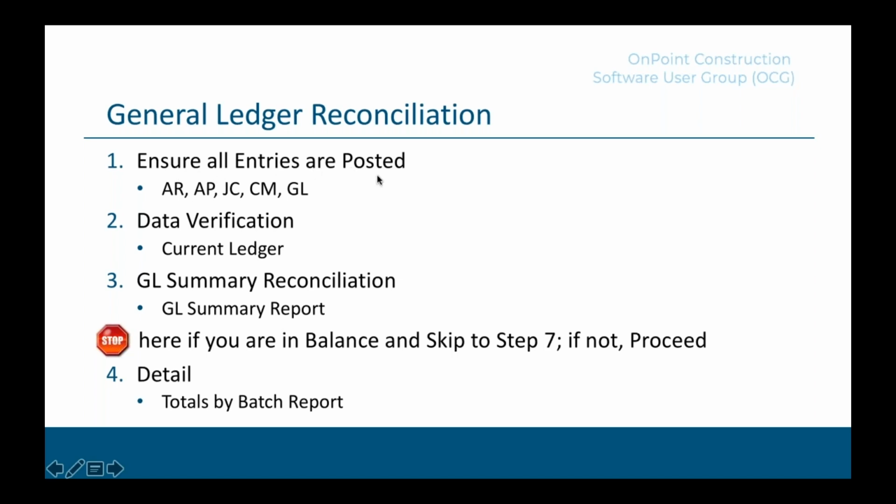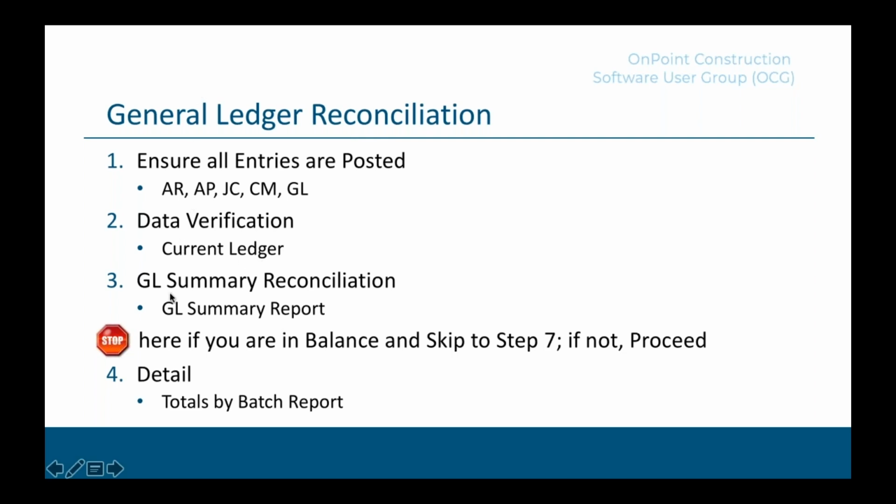Ensure all entries are posted in all modules. And so if you look at where we started in accounts payable, we did it in a particular order, with general ledger being the last one. And so we want everything posted from all the other modules.